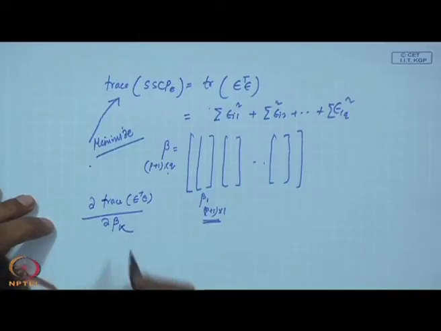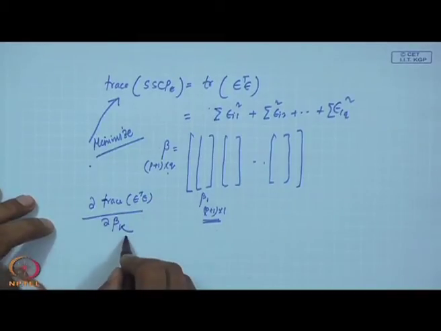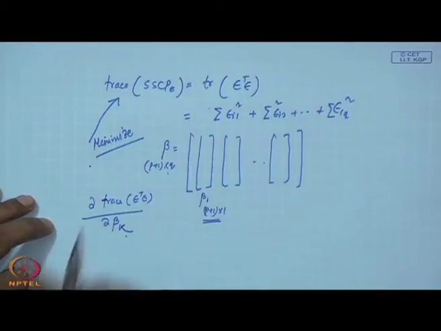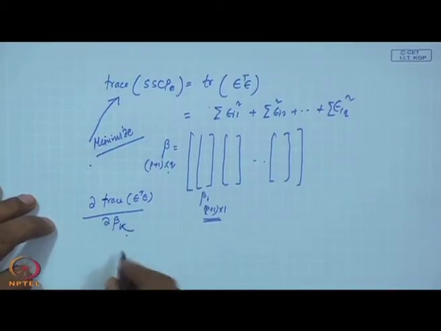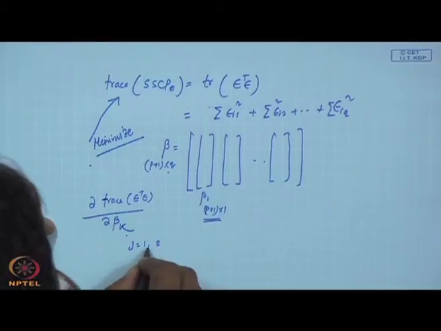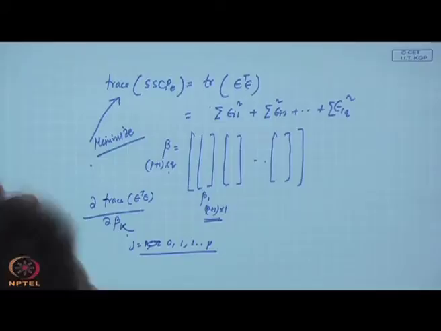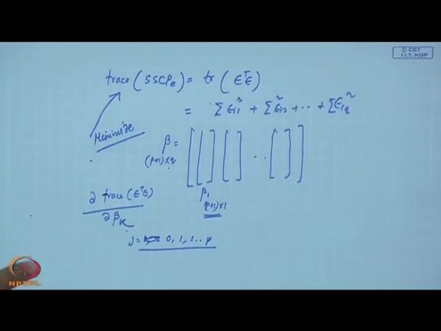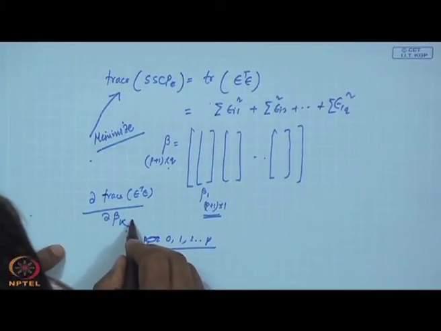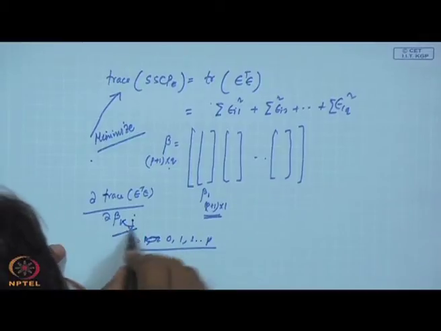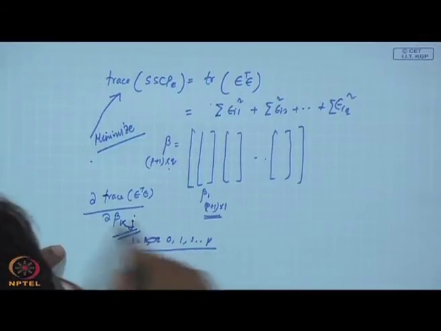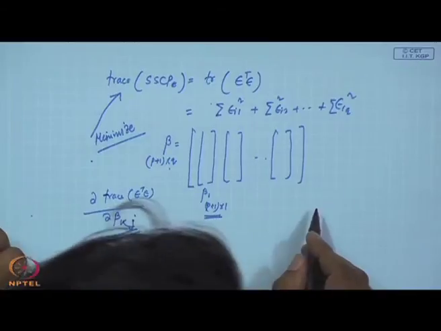If I say beta k, then it comes to the univariate case. So, beta k again has j equal to 0 to p, the number of independent variables. So, ultimately beta kj will come. This thing you will put equal to 0.